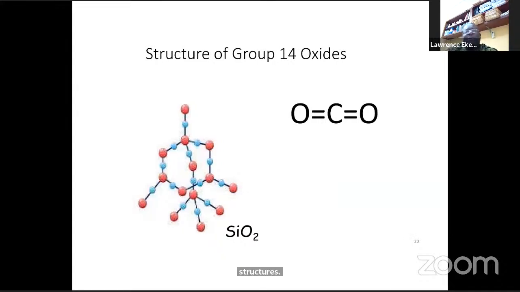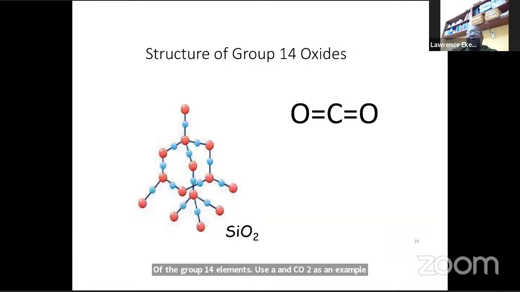So this is a typical structure of the dioxides of the group 14 elements, using carbon dioxide and silicon dioxide as examples. If you look at the bonding of the carbon, it has a valency of 4, with 2 bonds connected to each oxygen.